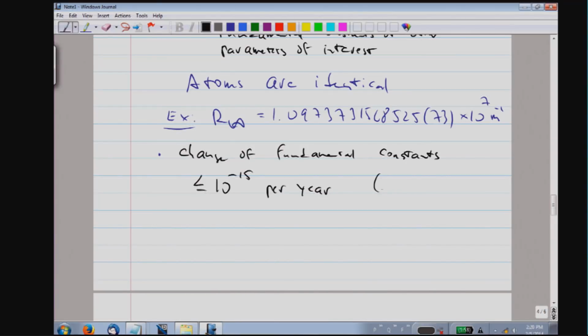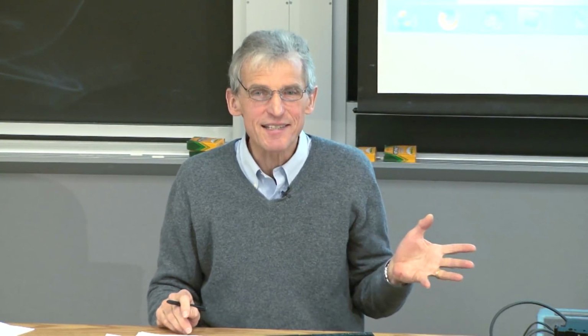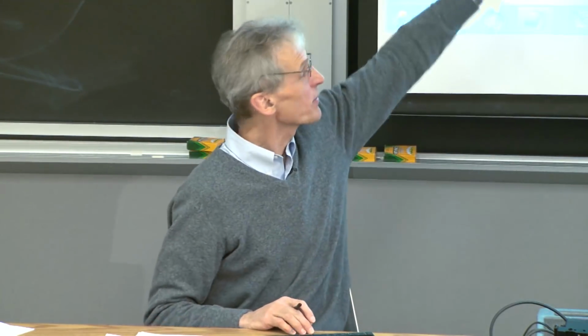Of course, you know the age of the universe is 14 billion years. That's about 10 to the 10 years. So even the worst case is that if you would go back to the beginning of the universe and the Rydberg constant would change at 10 to the minus 15 per year, it would have changed by 10 to the minus 5 over the age of the universe.